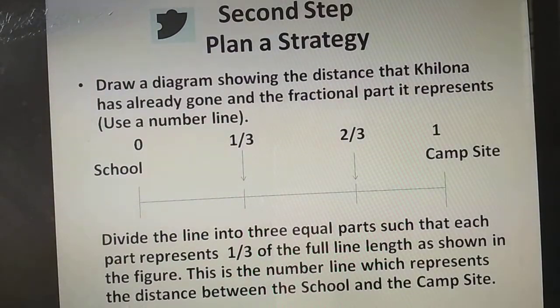The other distances are fractional distances of the total distance, say 2/3, 1/3 and so on. So 2/3 of the distance is known to us, that is 120 kilometers. We represent this on a number line as given in this figure.